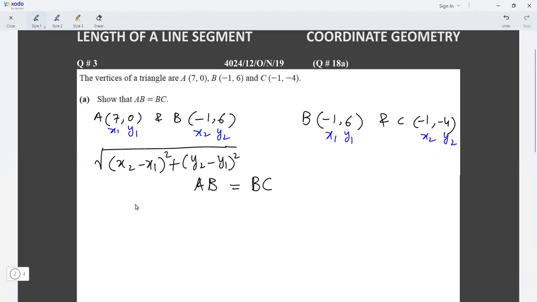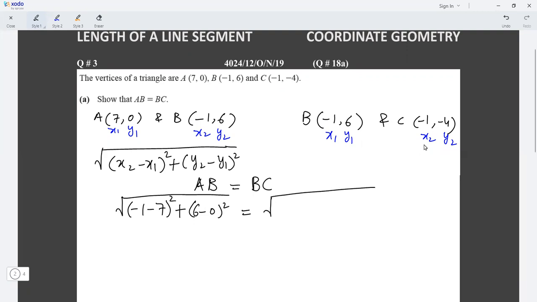For AB, we can write down the values inside that formula. x2 is negative 1, and the value of x1 is 7. So negative 8 whole square, then plus y2. y2 is 6, 6 minus 0 whole square, under the square root.